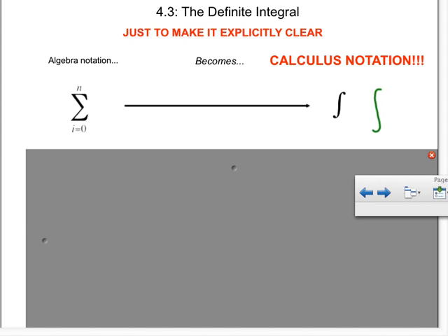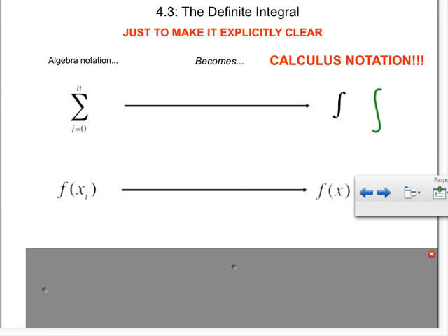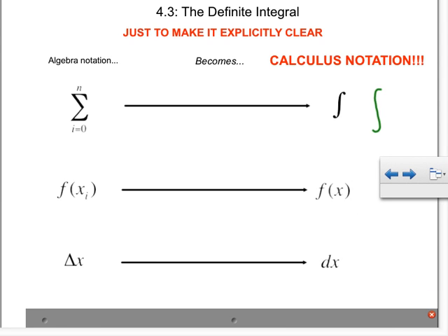And we're doing it. Anyway, going from sigma notation, f of x goes to f of x, and then the delta x goes to dx. And I want to just reflect with you guys, in algebra, we had m. What did m mean in algebra? Slope. What was another way to say slope? Change in y over change in x.